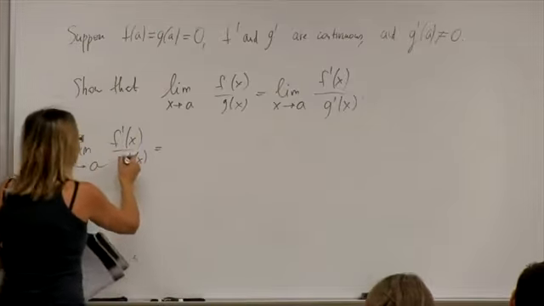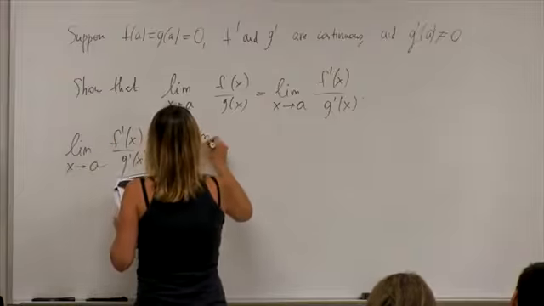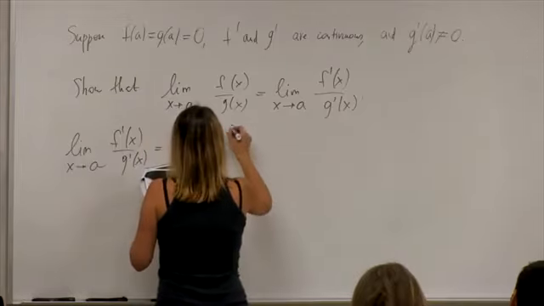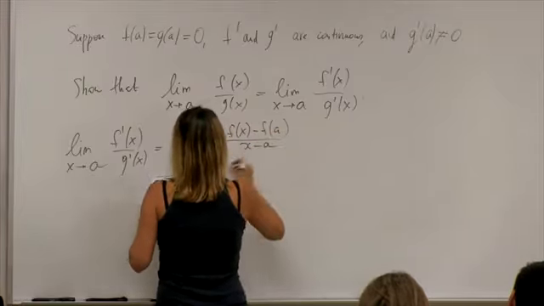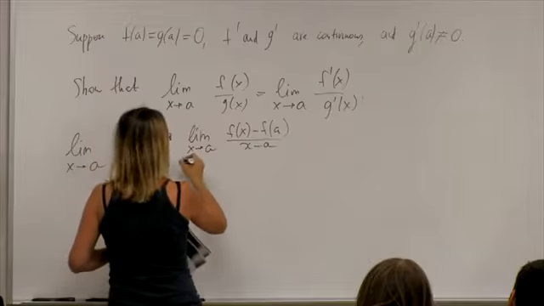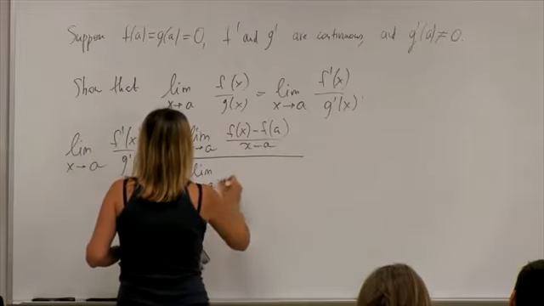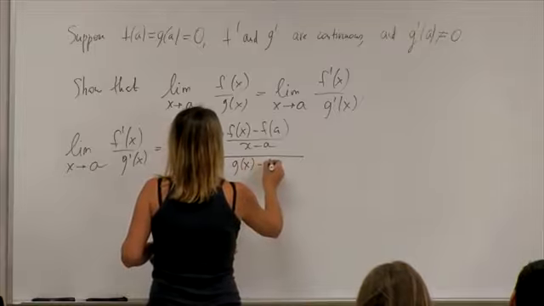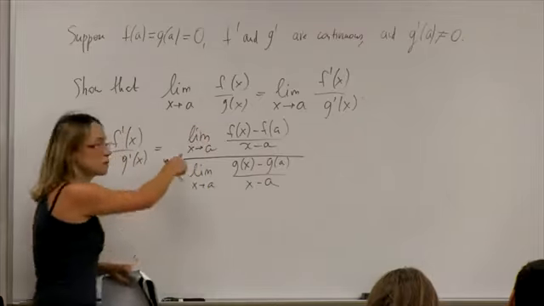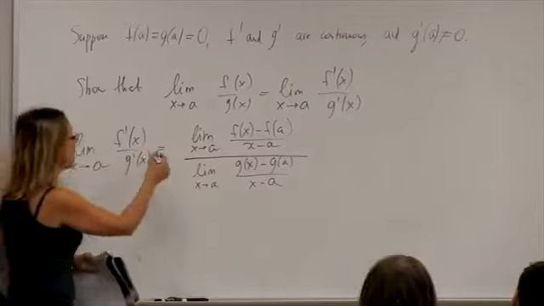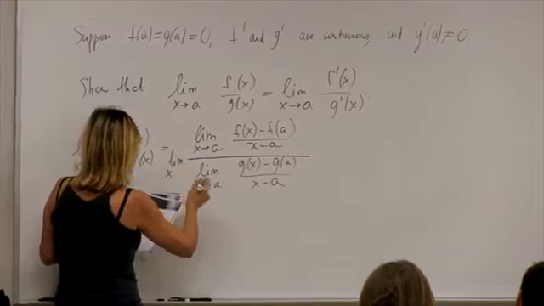Now we can remember the definition of derivatives. As x goes to a, f of x minus f of a over x minus a, that's the derivative of f evaluated at a. Now here, the derivative of g evaluated at a. These are definitions of the derivative. So we have, oh, I'm sorry, I forgot to put a limit here, but it's okay.